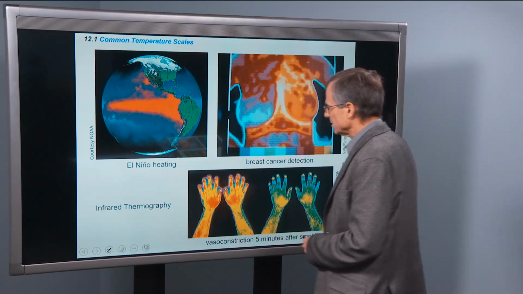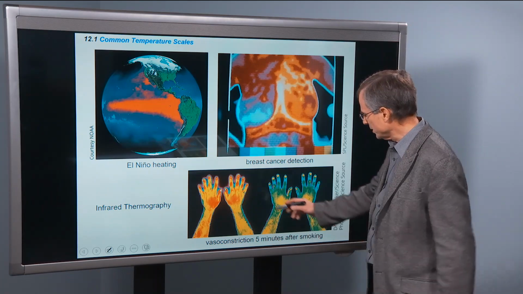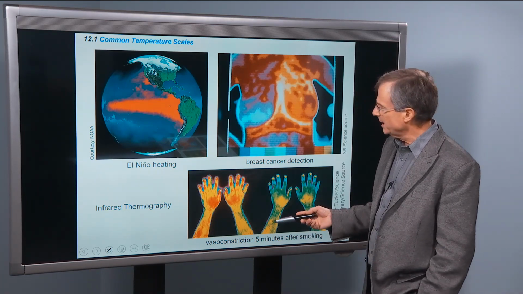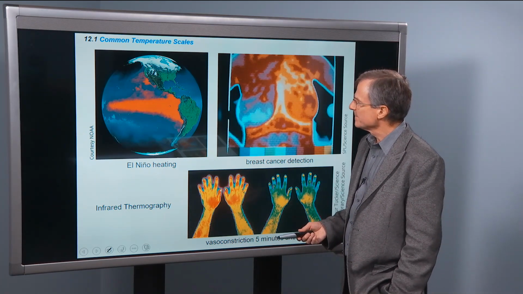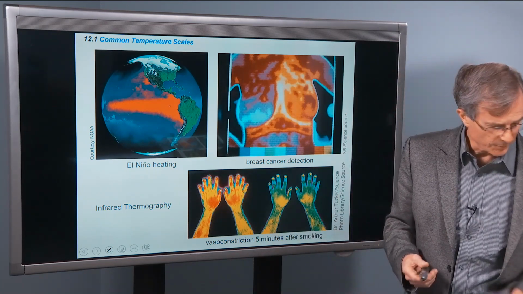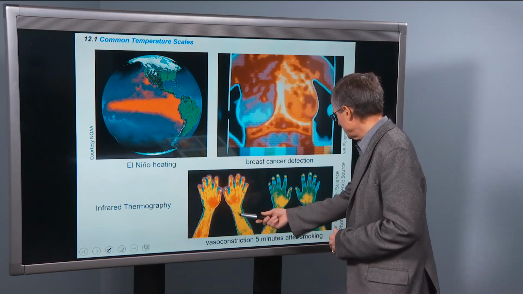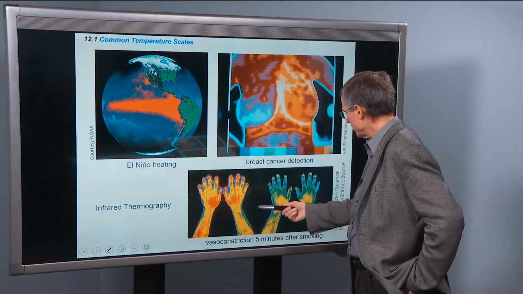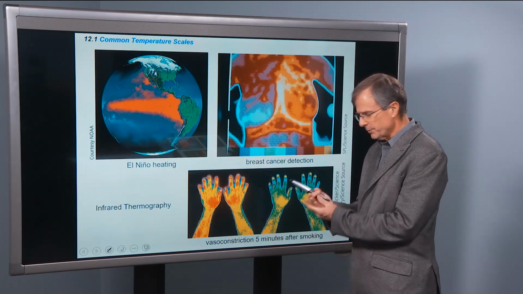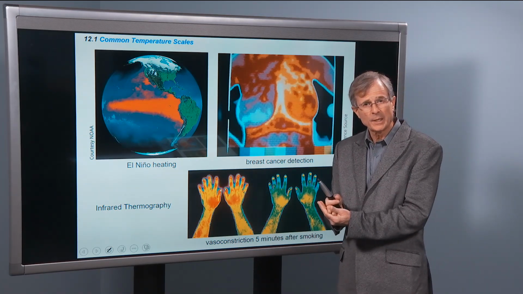Temperature scales are valuable in thinking about vasoconstriction. Infrared is used as a measure to measure temperatures, the temperature of different body parts. This is a demonstration of how your blood vessels constrict when you smoke, so your hands actually get colder.